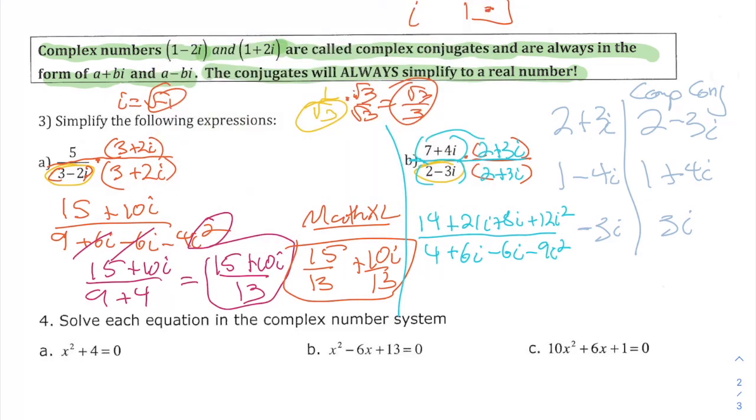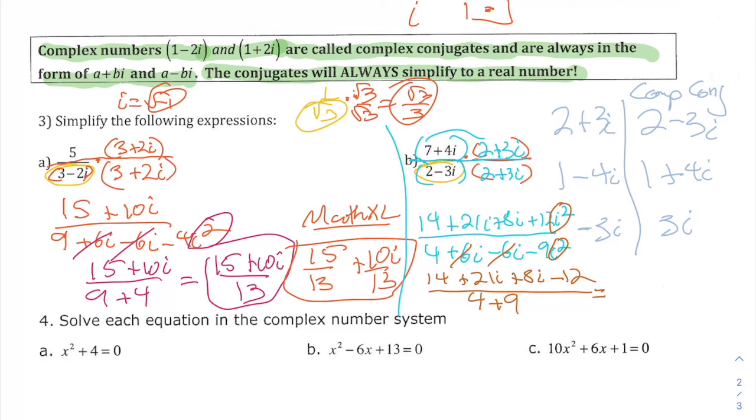Now you can have a complex number in the numerator, so don't think, but how am I going to get rid of that i? You don't need to. It's in the numerator. The only problem is in the denominator. So now remember, this i squared is really -1. So now what I really have is 14 plus 21i plus 8i minus 12 over 4 plus 9.